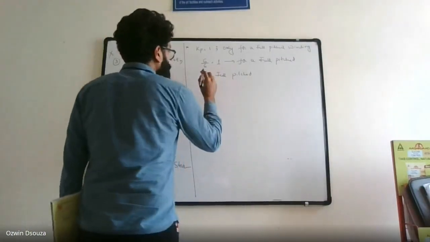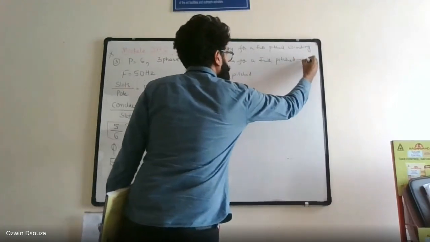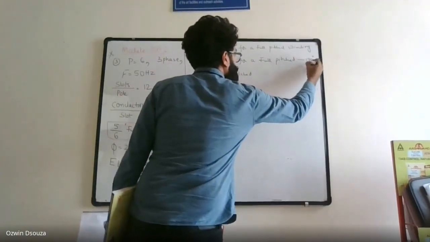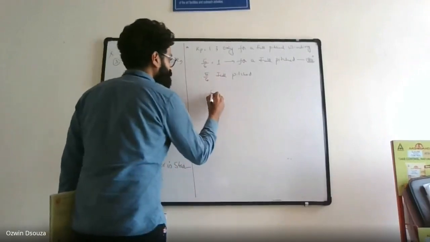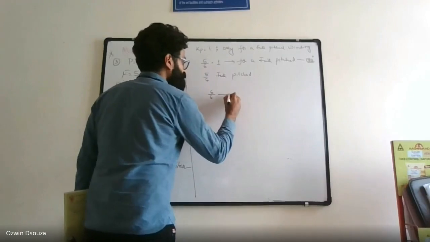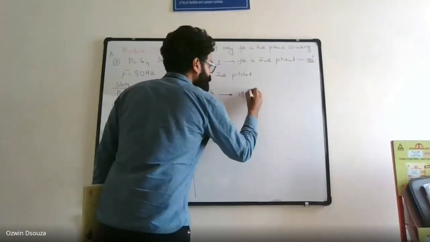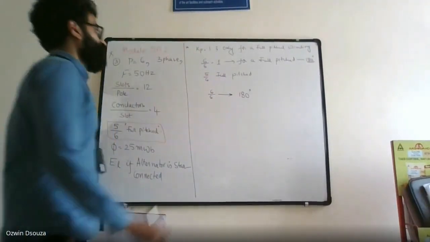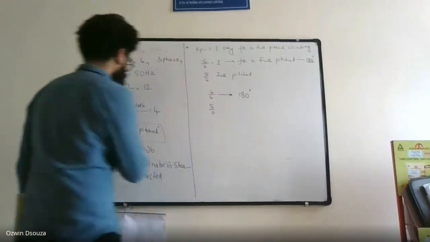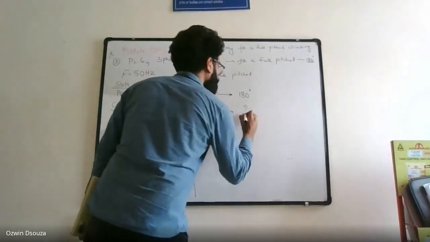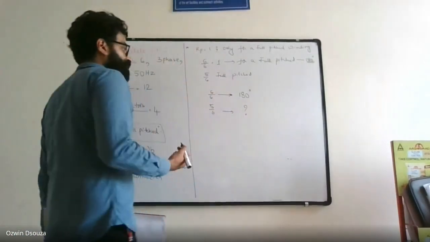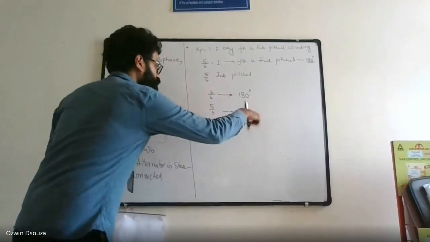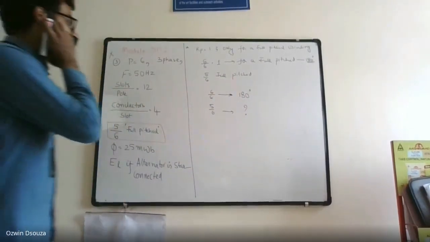Now, your full pitched winding corresponds to 180 degrees. So you can do this simple calculation: 6 by 6 corresponds to a full pitched winding, and 6 by 6 is equal to 180 degree. Therefore, 5 by 6 corresponds to how many electrical degrees?